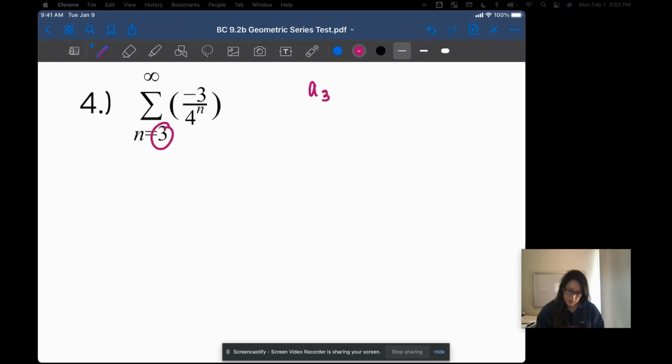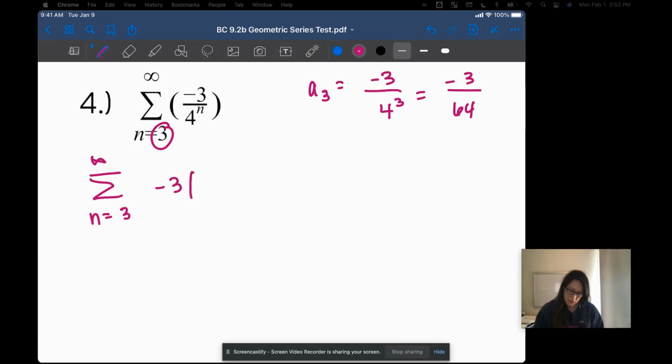So when I figure out my first term, I do need to figure out a sub 3. So that would be negative 3 over 4 to the third, which is negative 3 over 64. And then I am going to rewrite my series as the sum from n equals 3 to infinity of negative 3 times 1 over 4 to the n power.